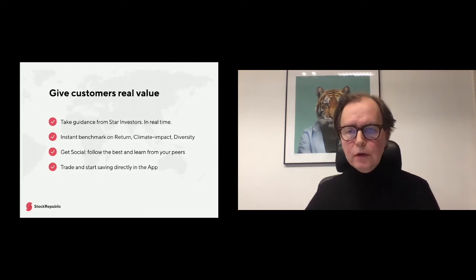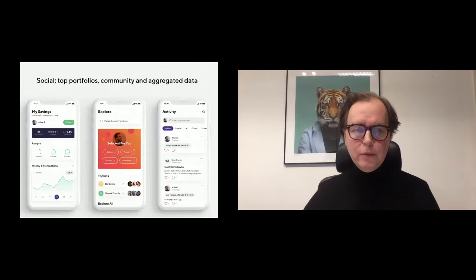If we come to the core features we provide, this is what we usually name the social features, where we visualize portfolios, yours and everyone else's, in this fashion. We have the community, where you interact in a Facebook-like manner, where you follow, you comment, you post, and so on.